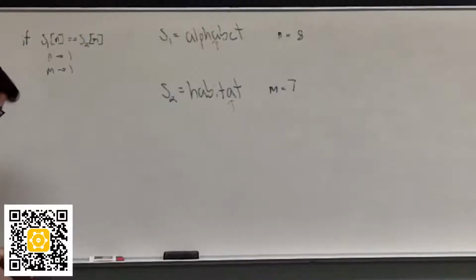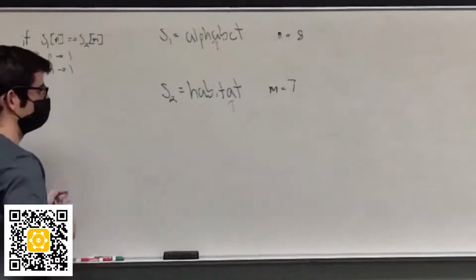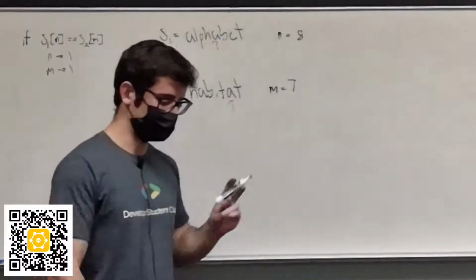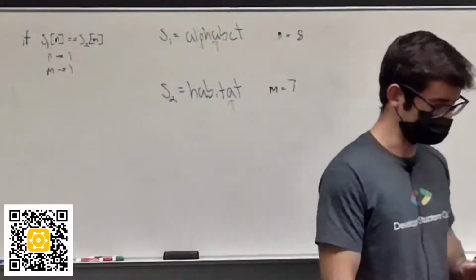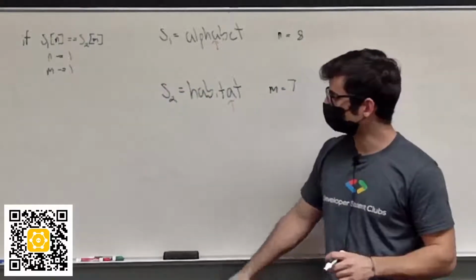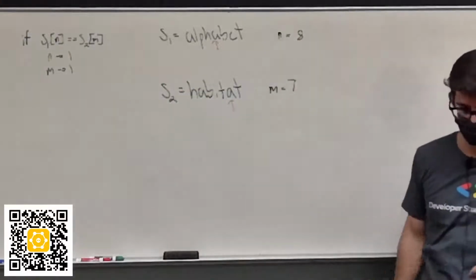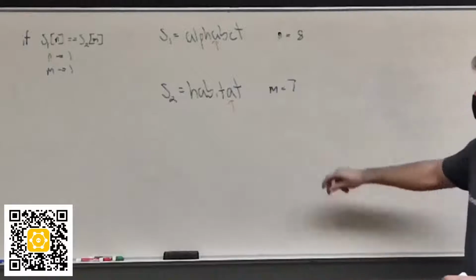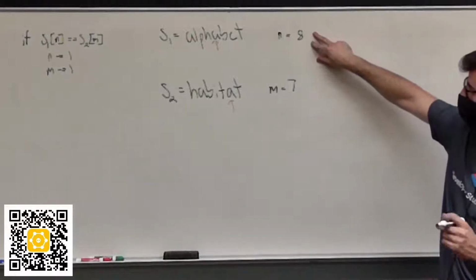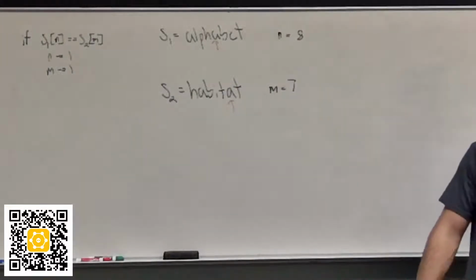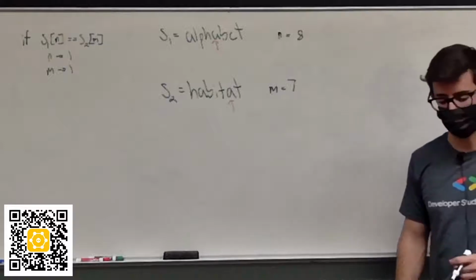But first, let's see if just these 3 rules are enough: if they're equal to each other, move both of them down by 1. If they're not equal to each other, move one down by 1, or move the other down by 1. Let's see if that's enough.